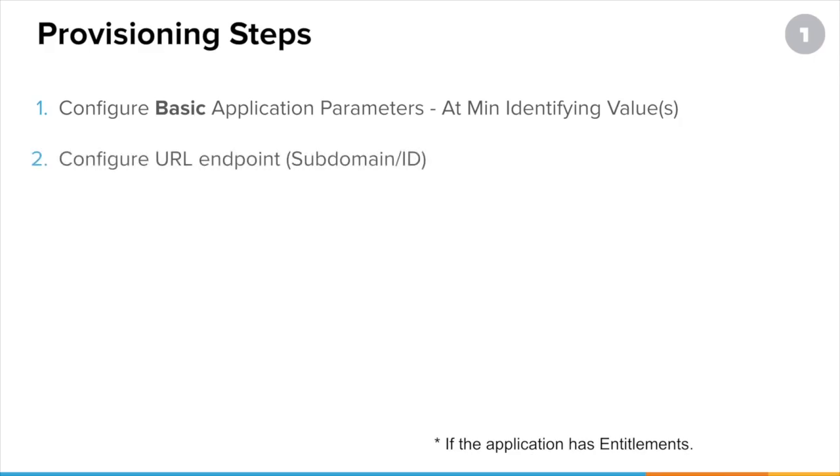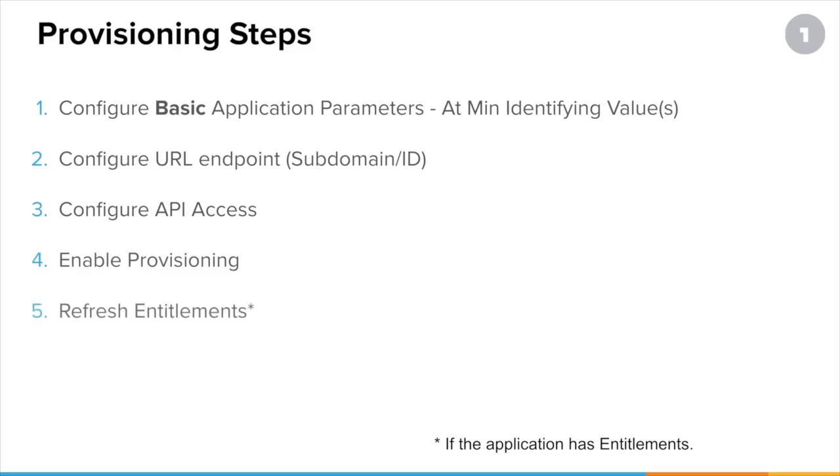Then you need to specify the URL endpoint of the app. Could be an actual URL that's unique for your org, or just some sort of identifying value like a subdomain or ID that you've been assigned by the application. Then you need to configure actual API access. Finally, you get to enable provisioning, which is followed by a step that we call refresh entitlements.